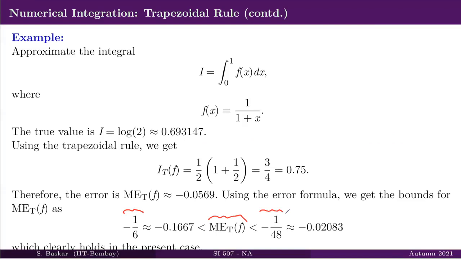This is what the theoretical prediction says. But in this particular example, we got the value of mathematical error directly, and that was minus 0.0569. This is a good verification that the numerical result is well in agreement with the theoretical prediction.